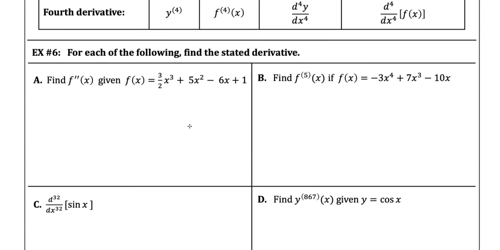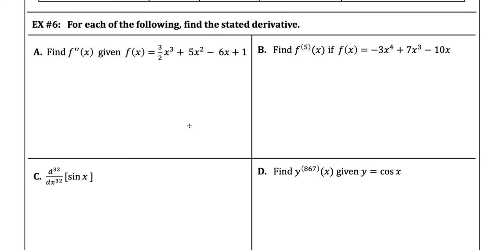So we get down here, and then these are the types of questions you'll get. Now, you may not understand what they're for yet, and that's okay. This says, find f double prime of x given this. This one is going to work out relatively easy because we're just doing the power rule.